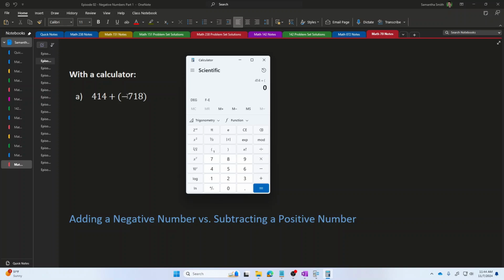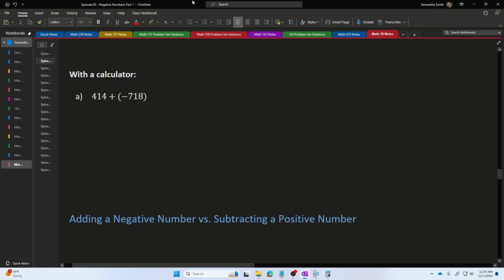And then to type in negative 718, on the Windows calculator, it's a little funky. You have to type in the 718 first, and then you have to hit this plus minus button down here on the bottom of the calculator to make it a negative 718. Then close up the parentheses and hit enter. And so I get negative 304 from that.